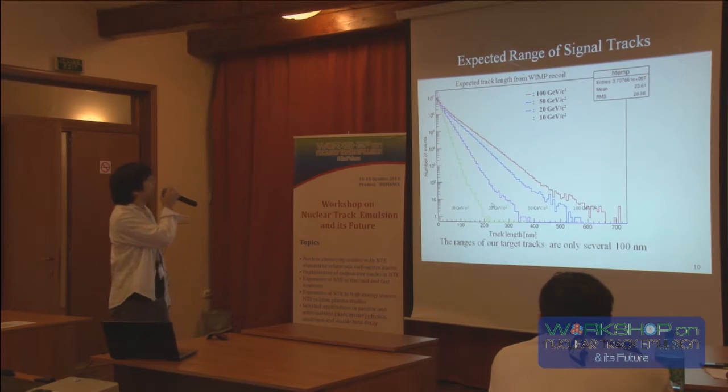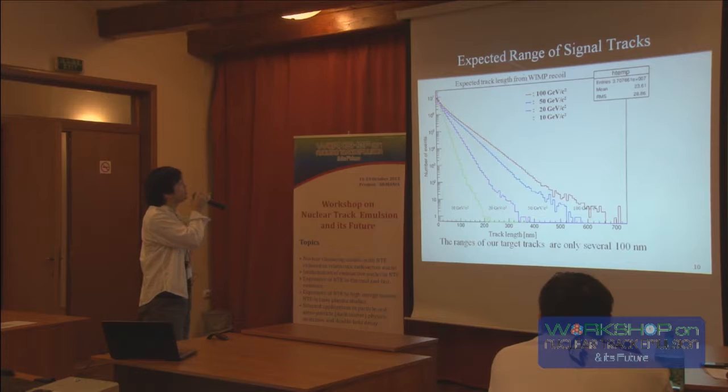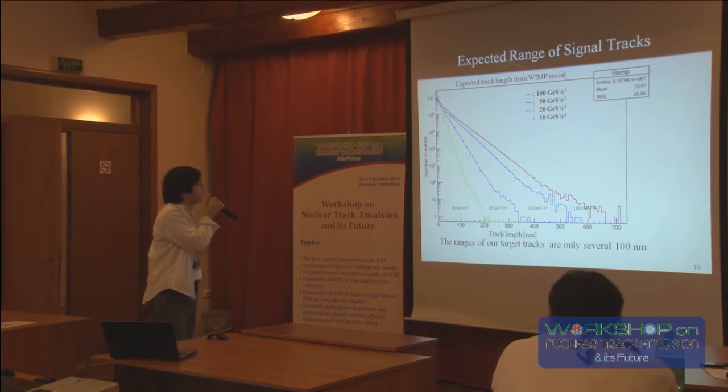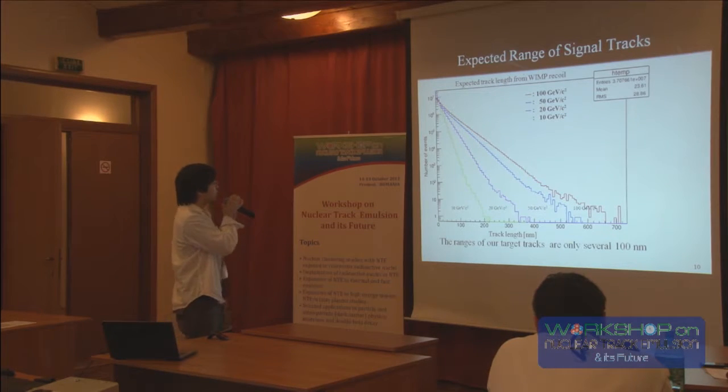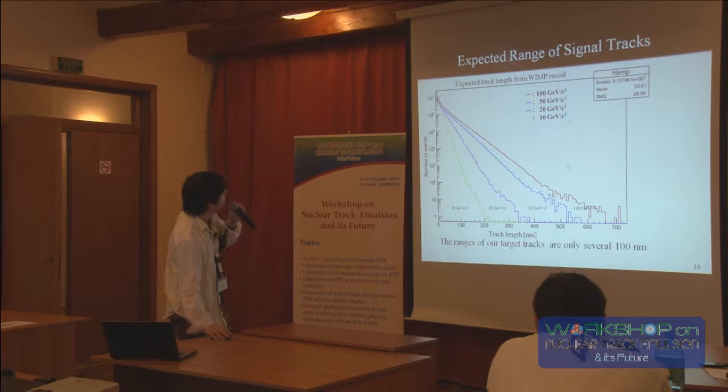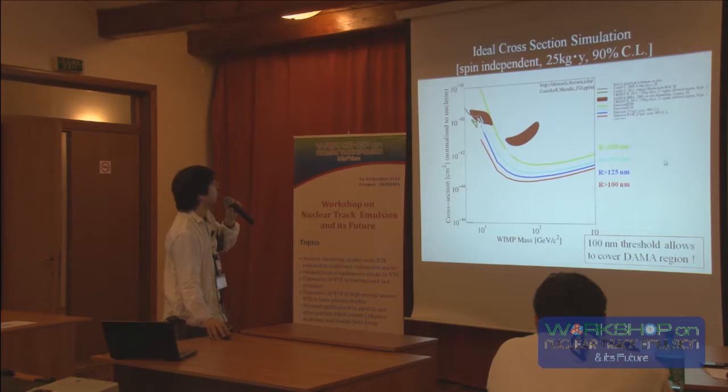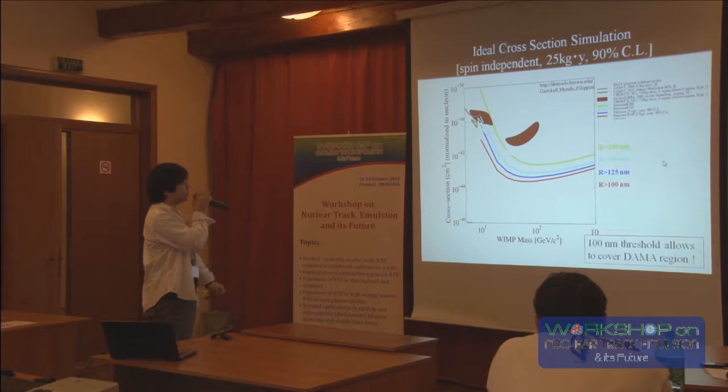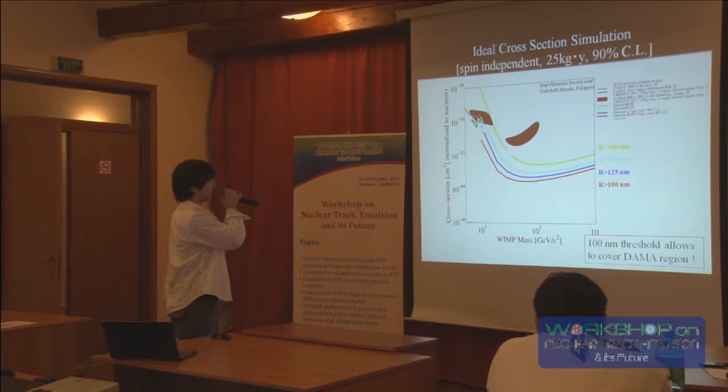And this is the expected range inside the emulsion. You can see that all of the flight lengths are less than 1 micron. So we have to detect several 100 nanometer tracks, and it needs very high resolution emulsion. This is a simulation if we suppose a certain range threshold.